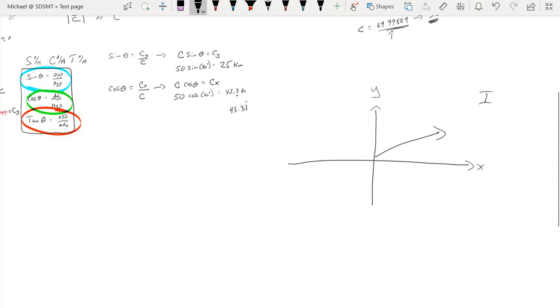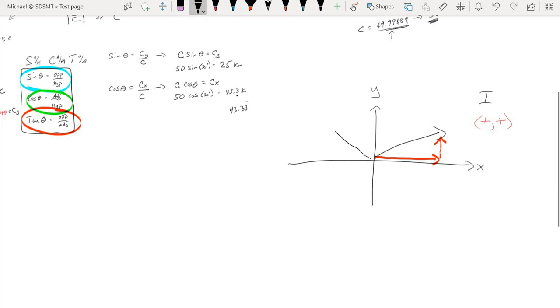And in that first quadrant, as we can see, the x and y components of that vector are both going to have positive values. So the x and y values of that vector are both positive.